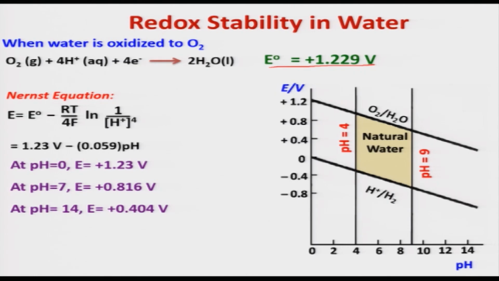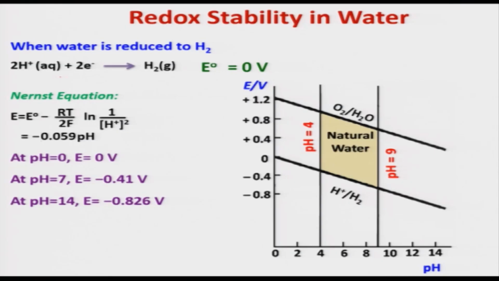At pH 0, the potential is plus 1.23, around pH 7 it is around 0.816, and at pH 14 it is around plus 0.404, and you can have a straight line like this. This is the barrier. Above this, water is supposed to oxidize to oxygen.